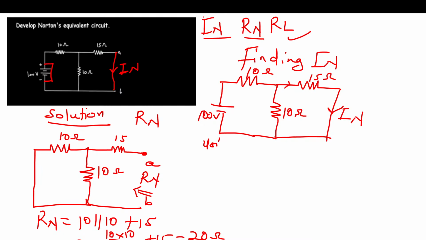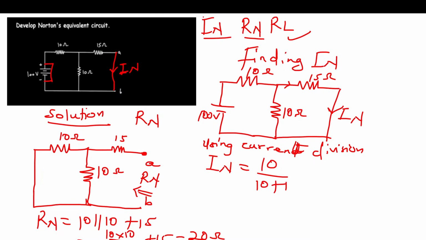Now, using current division, In is equal to, since we have 10 connected with 15 in parallel, and then I'm trying to find In, the current passing through 15, I'm going to consider the other resistance. So I have 10 over 10 plus 15 times the total current.